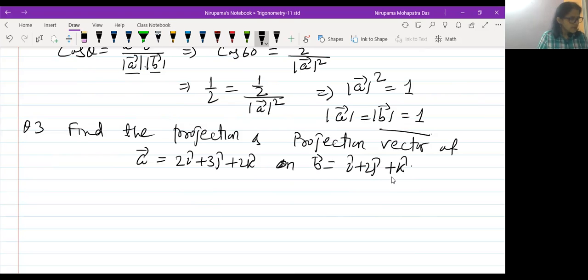Here the projection means scalar projection, and the projection vector means vector projection.